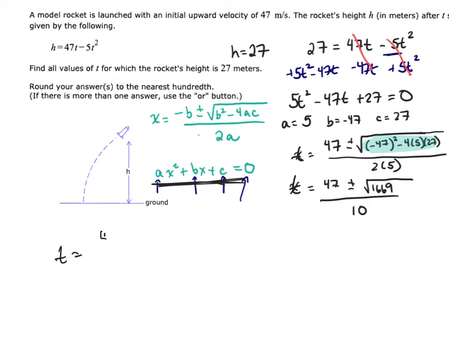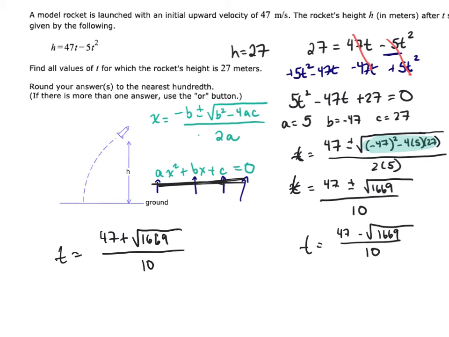So the first one, I would just type 47 plus the square root of 1669, over 10. And then my second one, I'll do 47 minus the square root of 1669, over 10. The only thing I caution you on is when you put this in the calculator, make sure you put your numerators in parentheses, because anytime you have a sum, it's going to work out better if you put it in parentheses first.